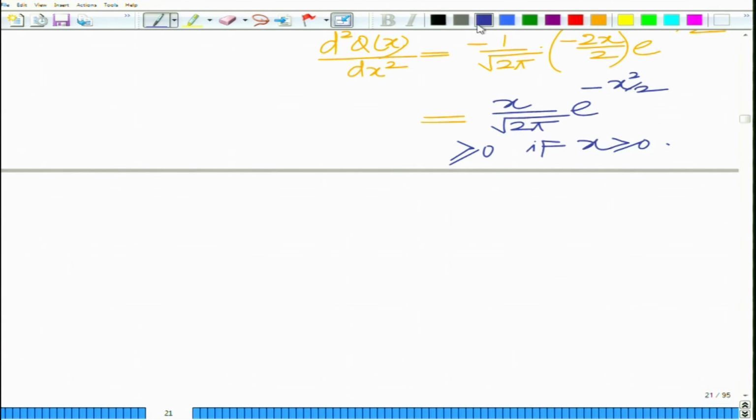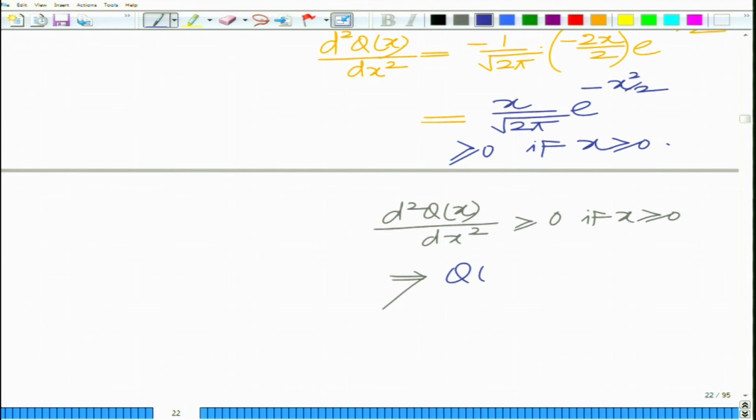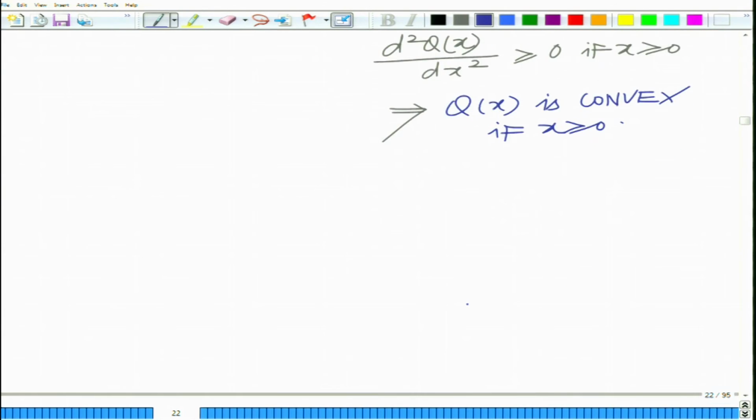So, we have the second derivative d square Q(x) by dx square greater than or equal to 0 if x is greater than or equal to 0, which implies that the Q function Q of x is convex if x is greater than or equal to 0.